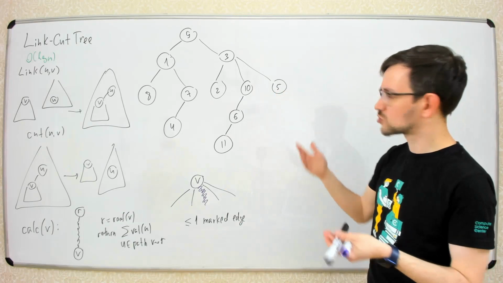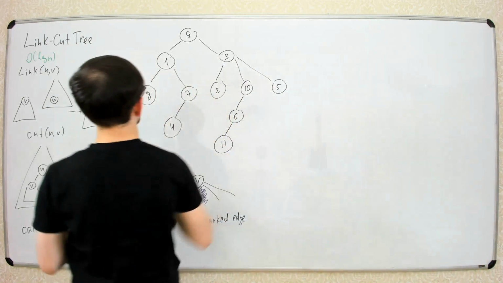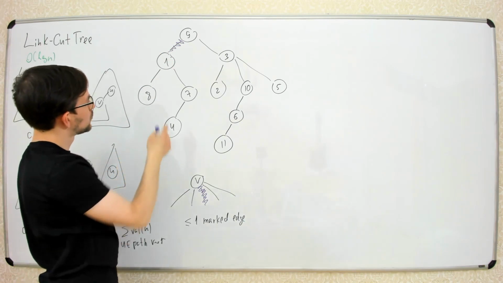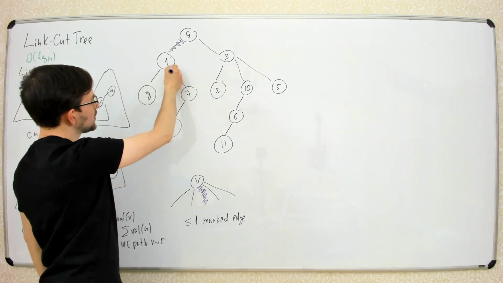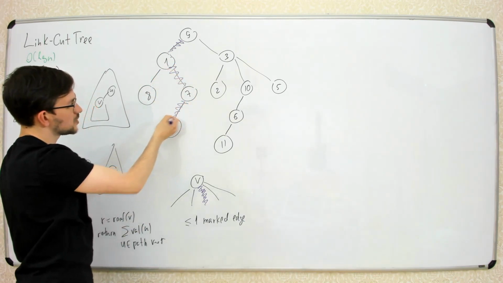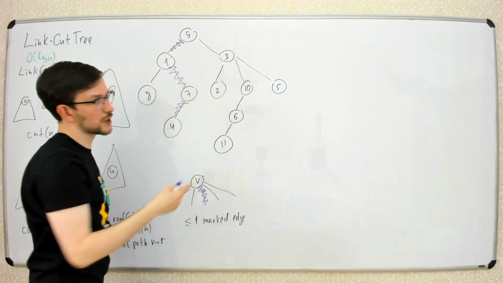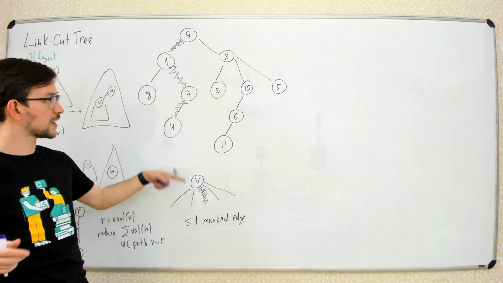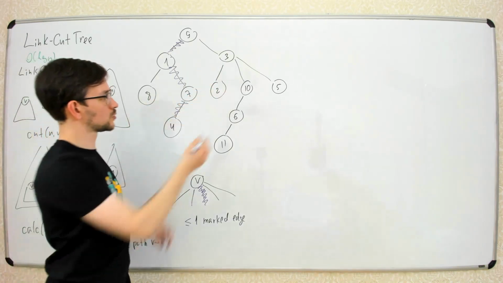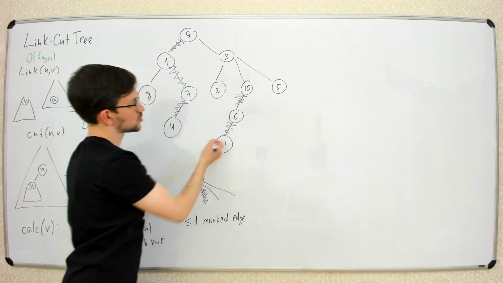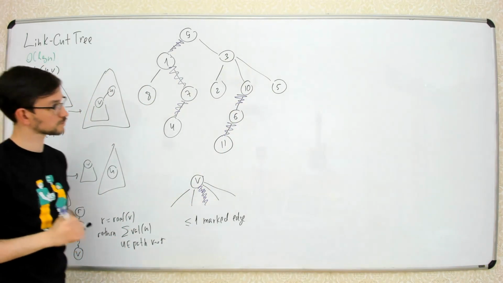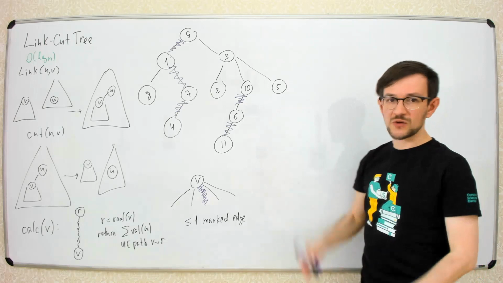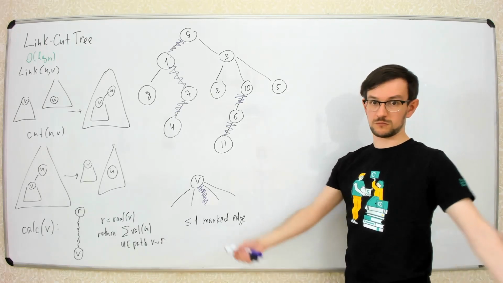For example, in this tree, for the root, let's mark this edge. For this node, let's mark this edge. For this node, for example, we can mark no edges. It's also possible that a node has no marked edges. And for this node, we have this edge. That's a perfectly fine decomposition of the tree.